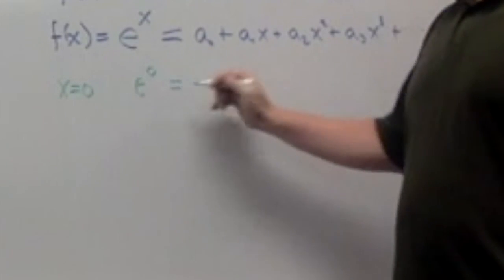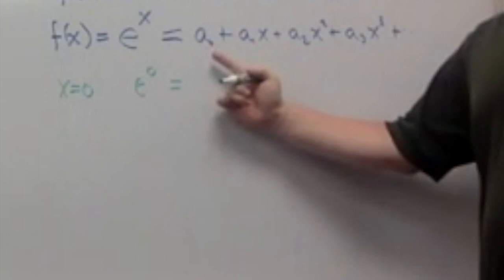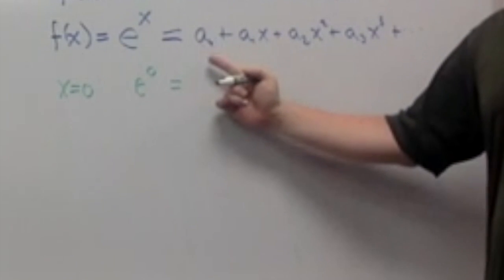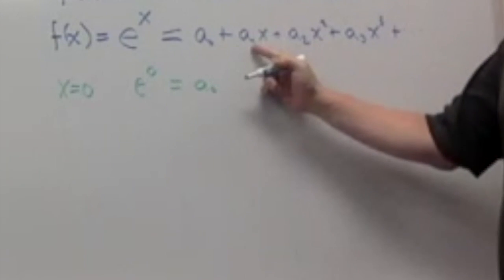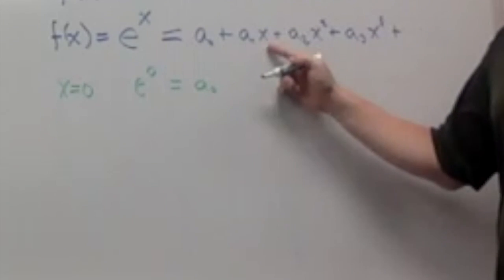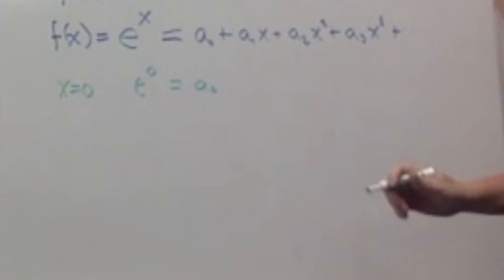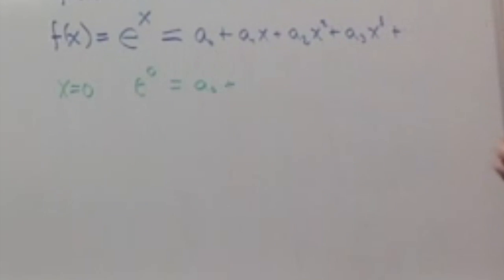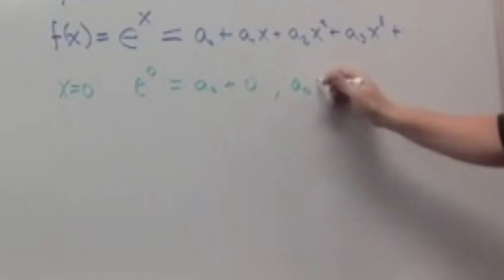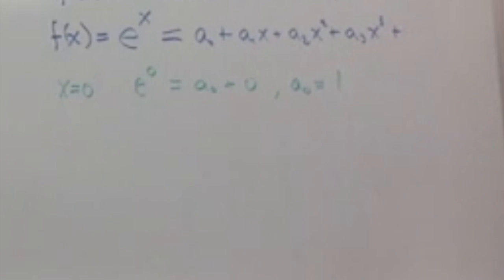On the right-hand side, a0 is just what it is. I don't know what a1 is either, but because it's multiplied by 0, it has to be 0, and the same can be said for every other term. So I just deduced that if a power series exists, then a0 must be 1.